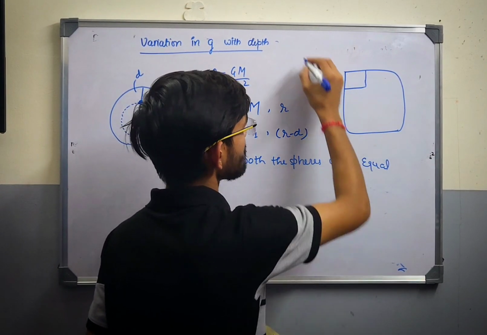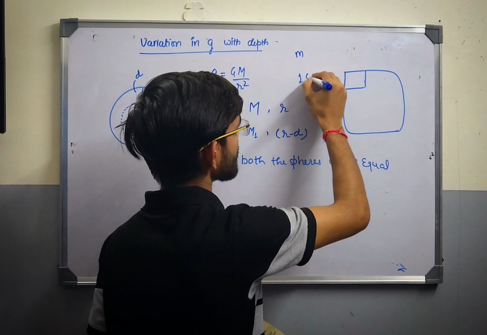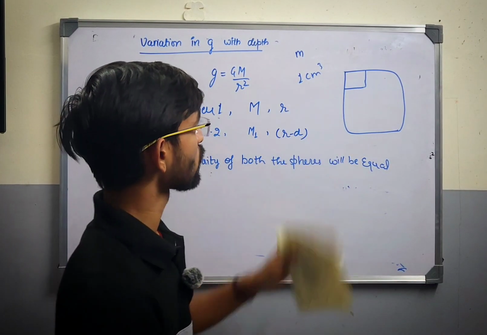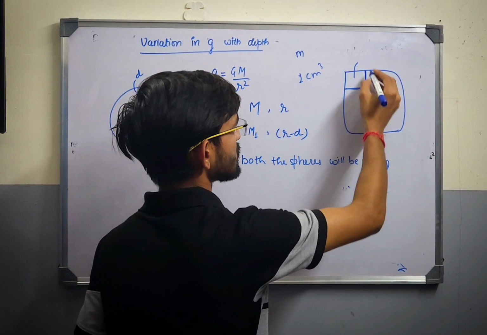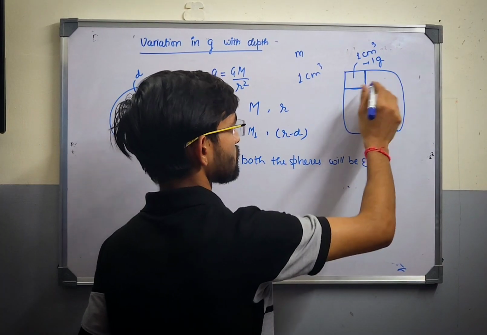So if I see mass per unit volume, the mass of 1 centimeter cube volume, say this is 1 centimeter cube and its mass is 1 gram.